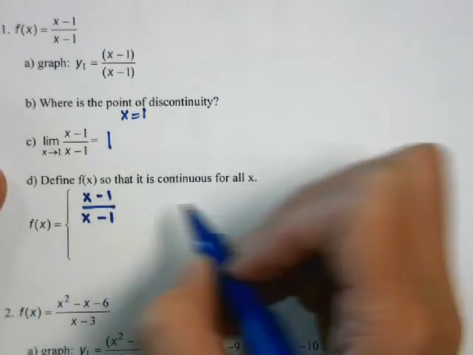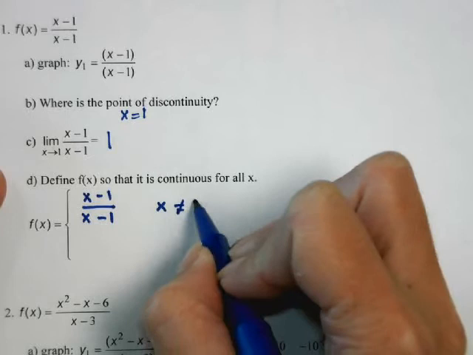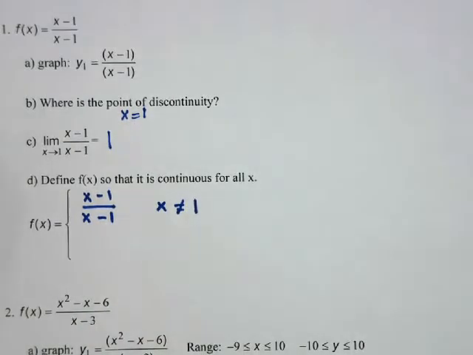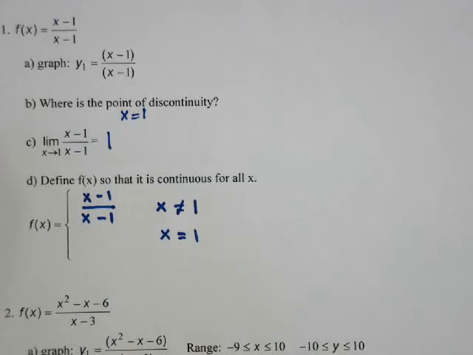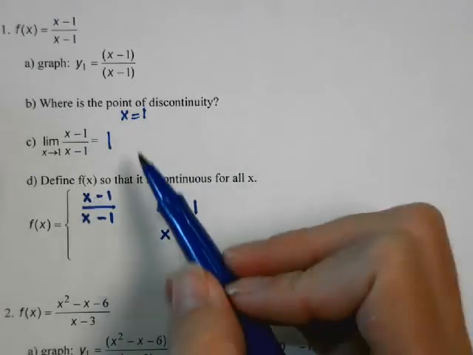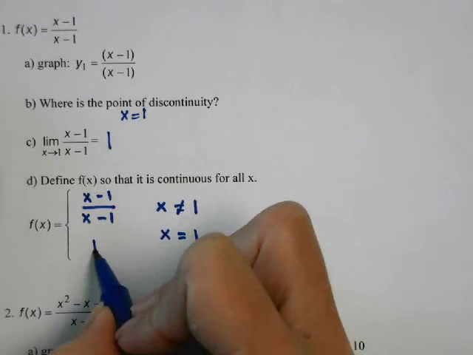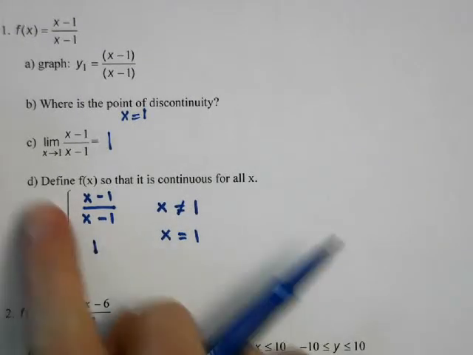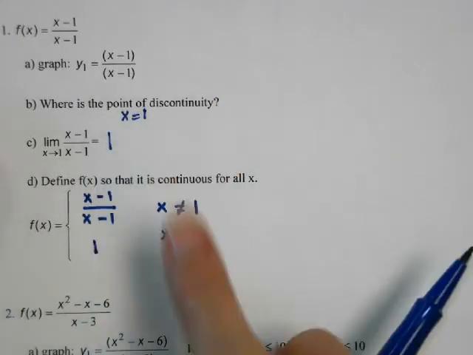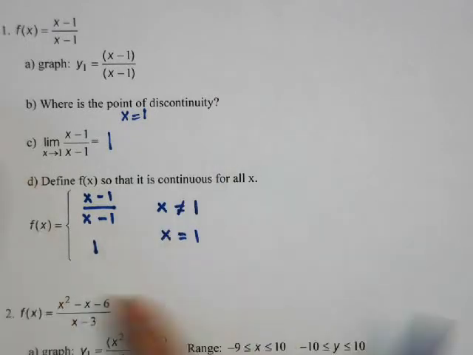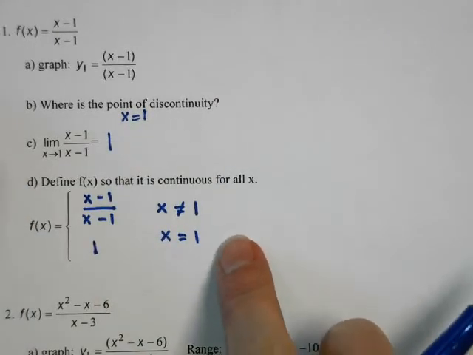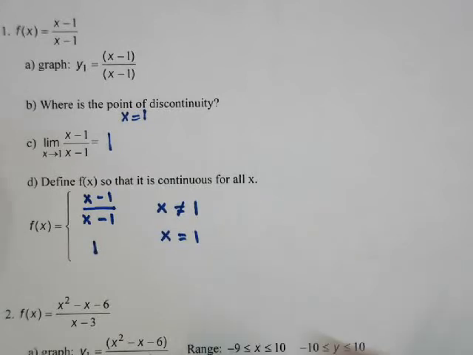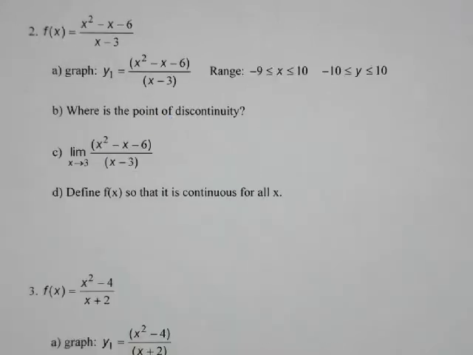I'm good with anything as long as x isn't a 1. If x is a 1, then we have a problem. This is discontinuous there. But if I essentially plug the hole with 1, because that's what the limit is, so then I want the function value to be 1. So now this is continuous because it has a function value and a limit value that are equal at 1.